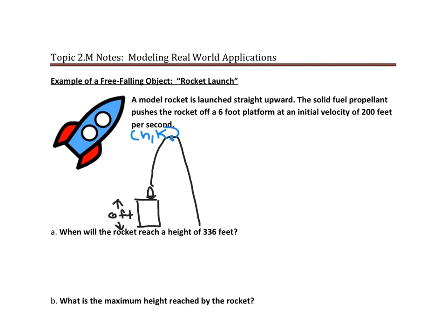All right, so we're going to start out with our free-falling model. The height of an object is negative 1/2 g times the square of time plus v sub 0 times time plus the initial height.